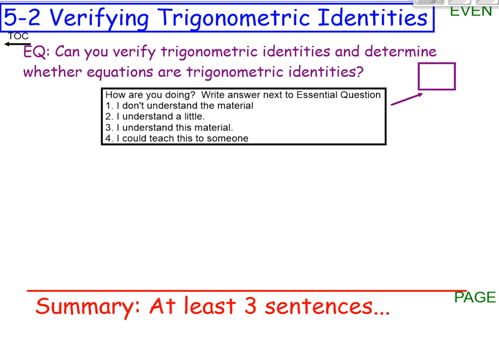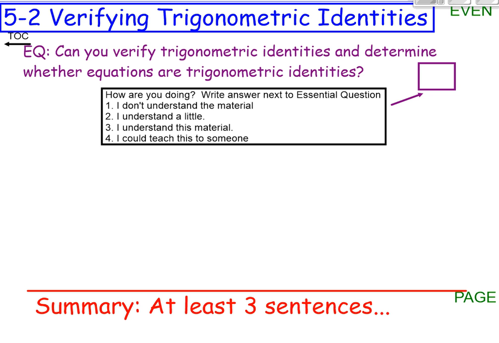Okay, so here's the deal. The only difference really between section 5.1 and 5.2, so if you missed any time during 5.1, 5.2 is like a continuation. If you take these with a good attitude, essentially in the last section, your job was to simplify an expression, right, to make it simpler.